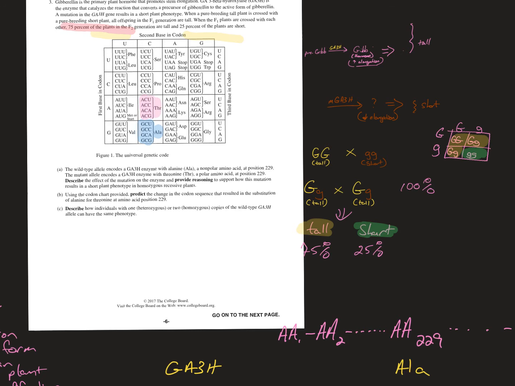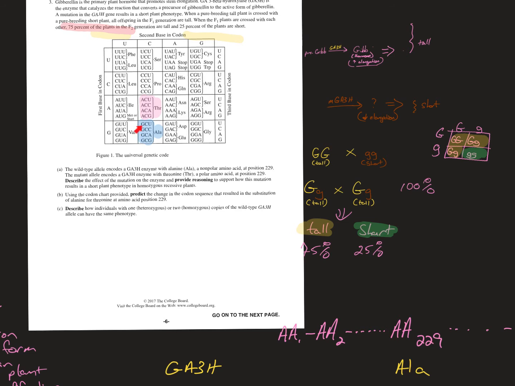So there it is. THR forms that. Now I want to point something out here. In order to get THR, you need ACU, ACC, ACA, and ACG. That's why they chose for this question alanine and threonine, because the way you get alanine to change to threonine is simply by changing the first position from a G to an A. No matter what the other two positions in the codon are, you can see it can be CU, CC, CA, CG.